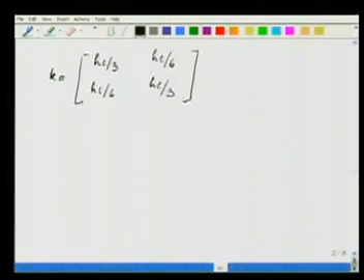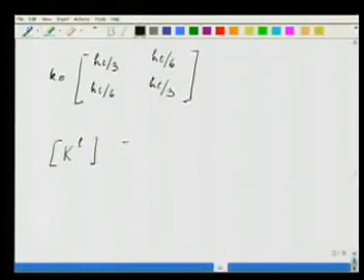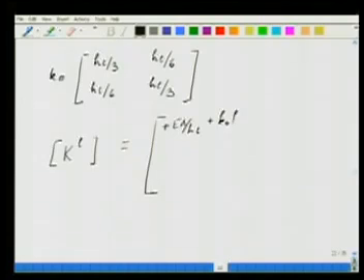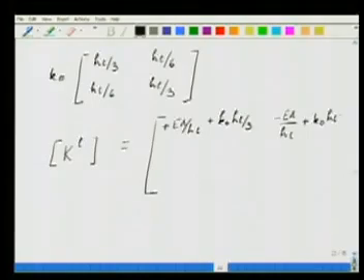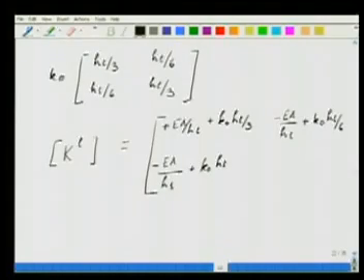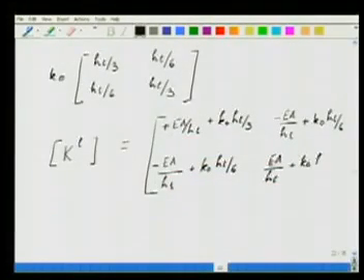So this has to be added to the element stiffness matrix that we got out of the first part, and that will give us a total element stiffness matrix K L, which will now become equal to: EA by HL plus K naught HL by 3, minus EA by HL plus K naught HL by 6, minus EA by HL plus K naught HL by 6, EA by HL plus K naught HL by 3.